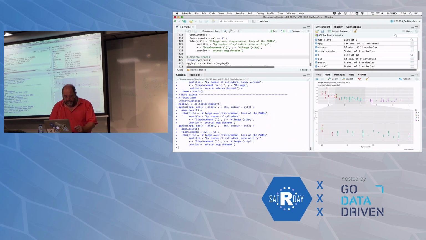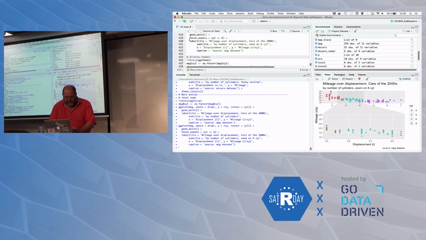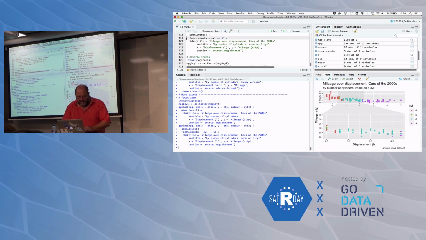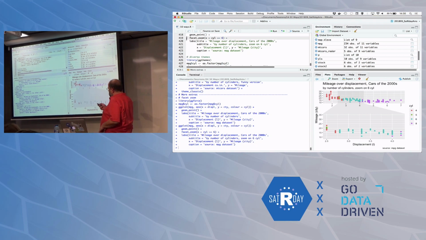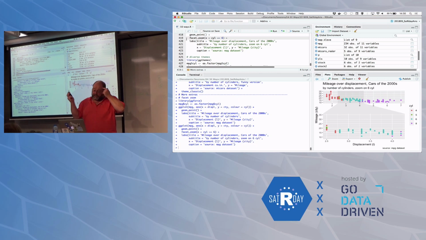And that was nothing more than just this line up here. Add it to the plot, facet zoom, and give me the cylinder where the 6 cylinders are. Nothing more to it. Of course, you have to have the right package installed.